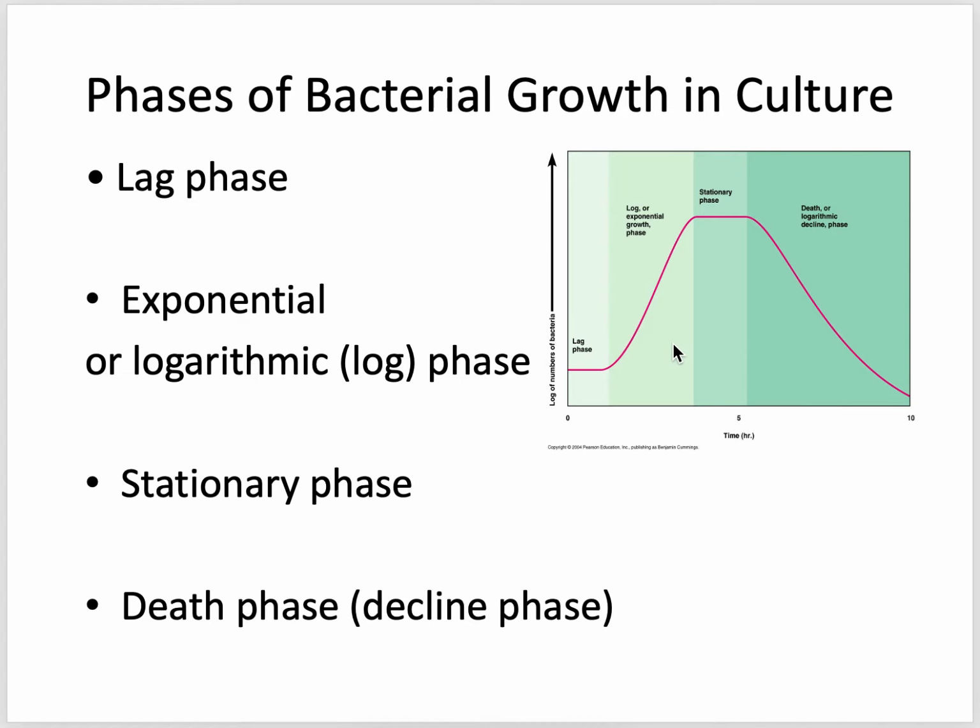That means the nutrition is getting depleted, and at the same time toxic waste chemicals are getting accumulated in the culture media. So that's why some cells will begin to die, because there is a scarcity of nutrition and also there are too many toxins in the media.